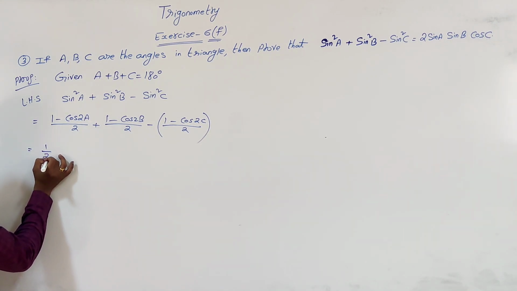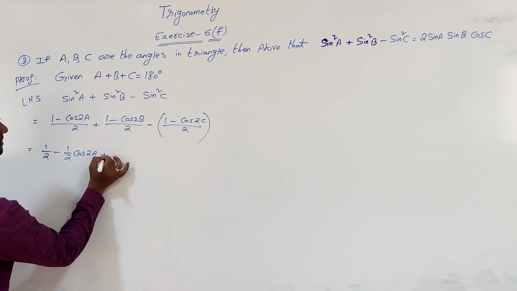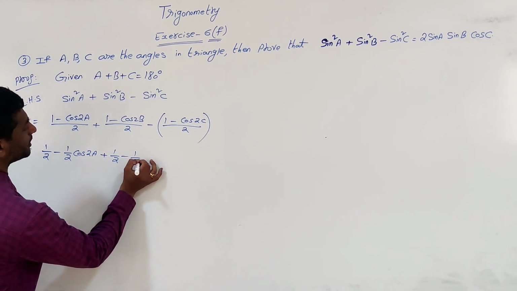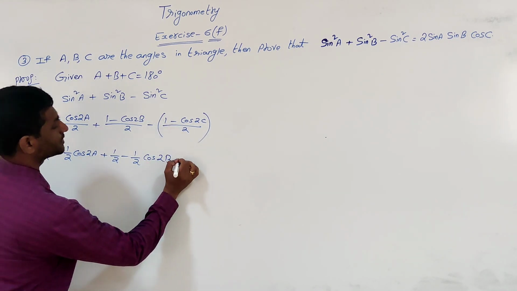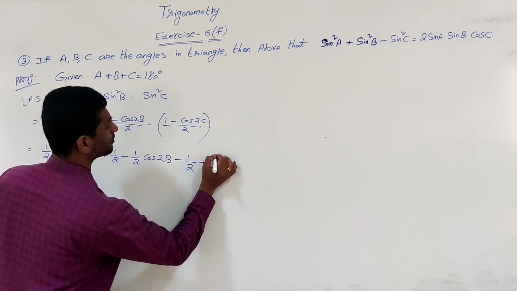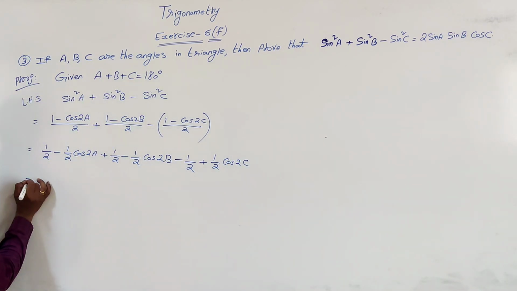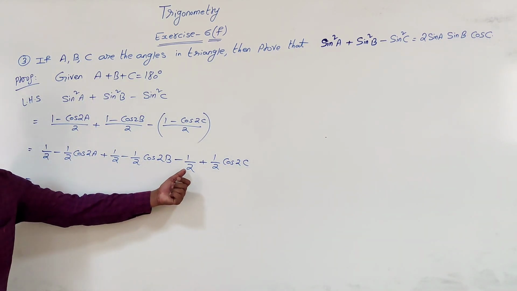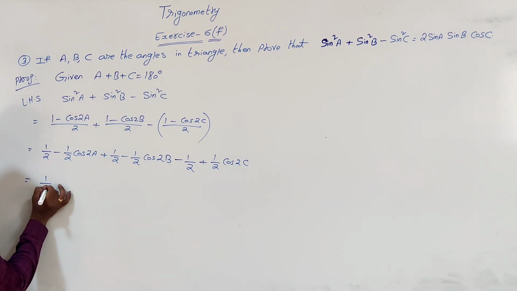So it will be 1 by 2 minus 1 by 2 cos 2A plus 1 by 2 minus 1 by 2 cos 2B. Minus into 1 by 2 is minus 1 by 2. Minus into minus becomes plus 1 by 2 cos 2C. So 1 by 2 and minus 1 by 2 get cancelled and 1 by 2 will be left over. So it will be 1 by 2.